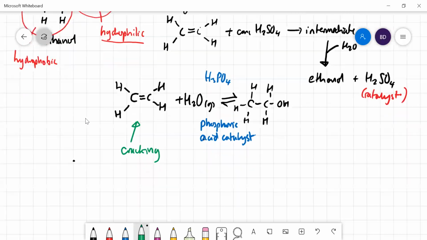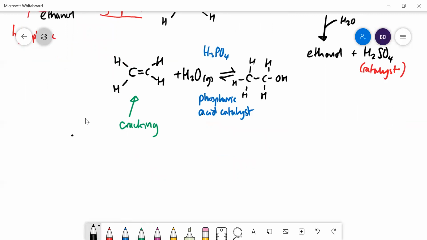The other way of making ethanol is, and you've probably done it in biology, by fermentation. In fermentation, you need yeast, okay, which is a living organism. And there are many different enzymes involved in the conversion of glucose.